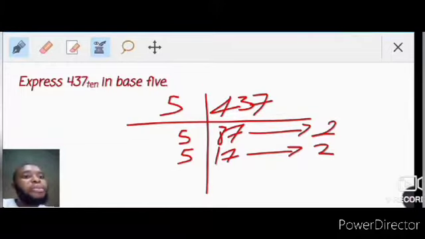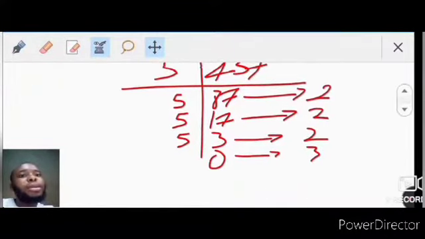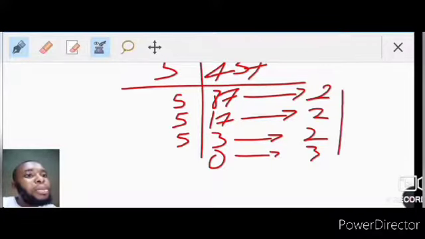Bring down your 5. 17 divided by 5, we have 3, remainder 2. Then 3 divided by 5, we have 0, remainder 3. The last quotient is always 0. So you take your answer from the bottom up.